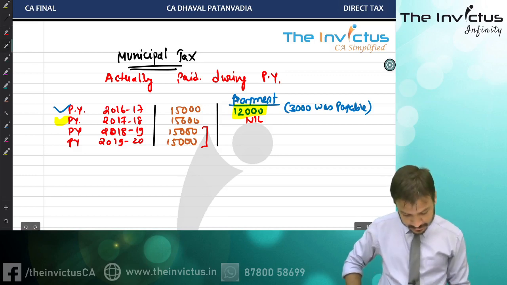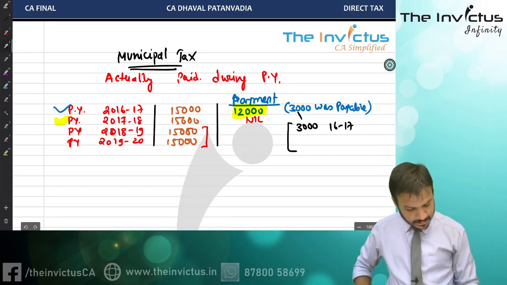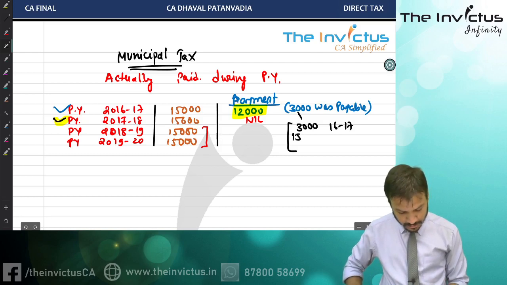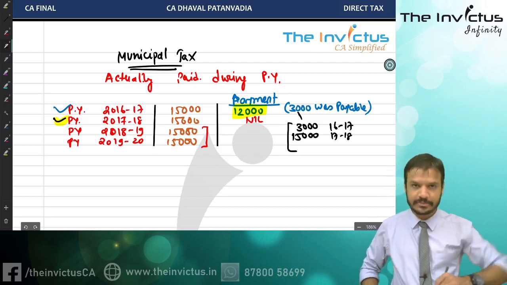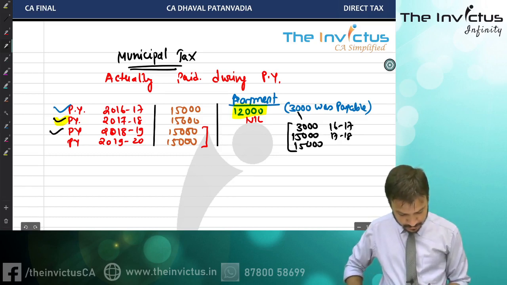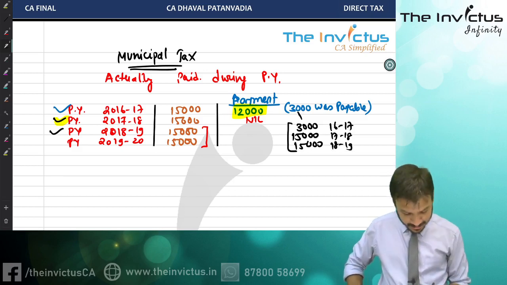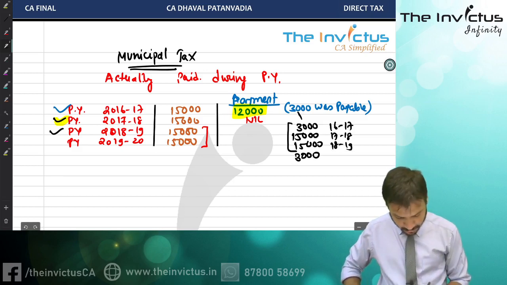For example, it will be 3,000 of 2016-17. He has paid 15,000 of 17-18, which is not paid but is paid now. 15,000 of 2018-19 also paid, and 3,000 of 19-20 is also paid.